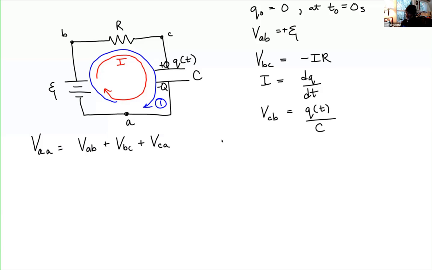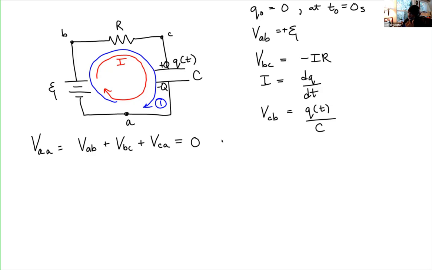So the potential from A to B plus the potential from B to C plus the potential from C to A, going all the way around the circuit, must sum to 0. That means some potentials are positive and some are negative.